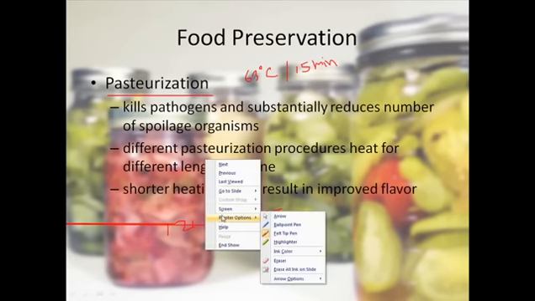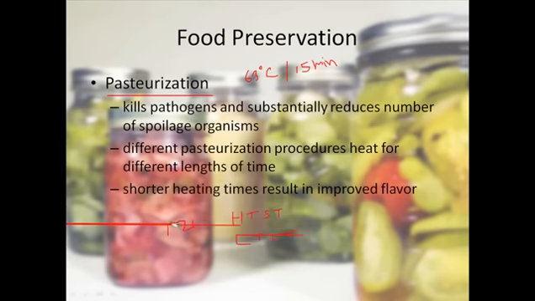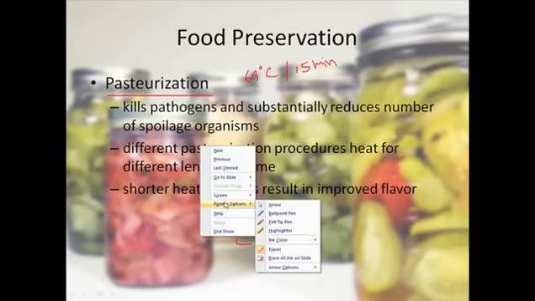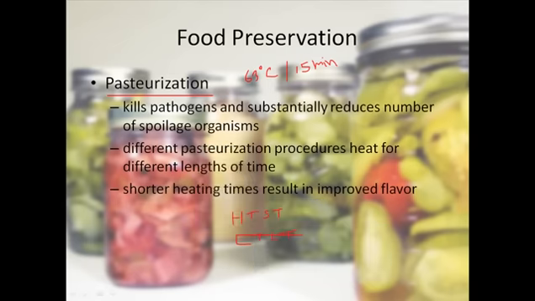When it reaches almost 120 degrees Celsius, it kills most of the microorganisms, but the time for using this 120 or 130 degrees Celsius temperature is really small. For example, 115 degrees Celsius for 1 second or 2 seconds, that will be the temperature in case of HTST.